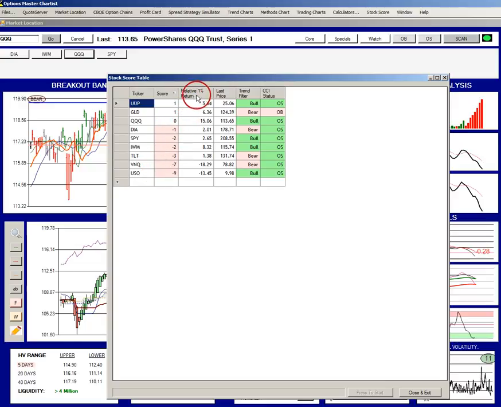The next column, relative 1% return, shows how this ticker performed relative to a theoretical investment that returned a 1% annualized return. And if we rank these high to low, we can see that the QQQ has performed 15 times better than a 1% return, or 15%.